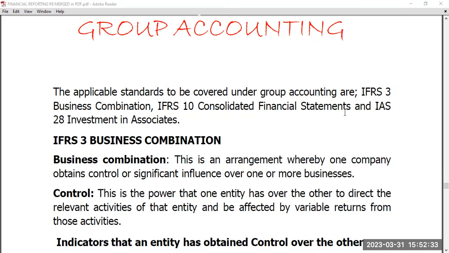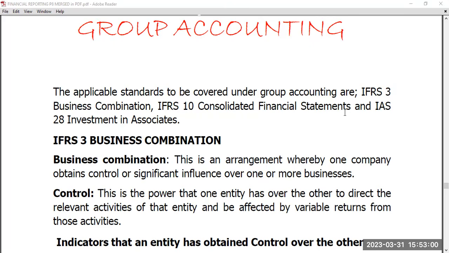So what we are going to be looking at is how we are going to use the basic information that we acquire under this group accounting to help us prepare the consolidated or group financial statements, as we discussed.